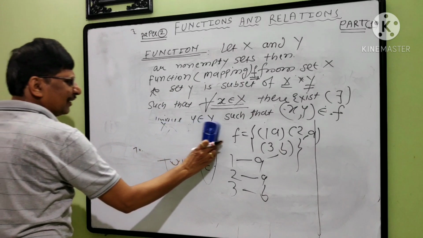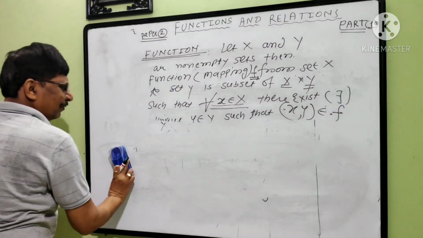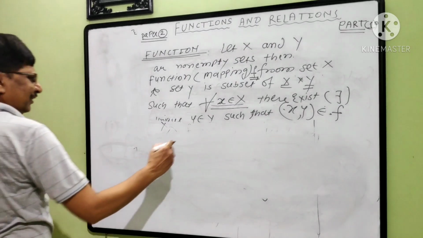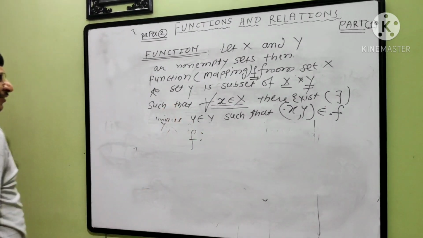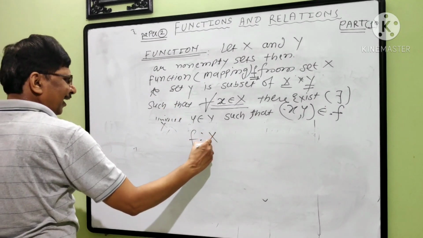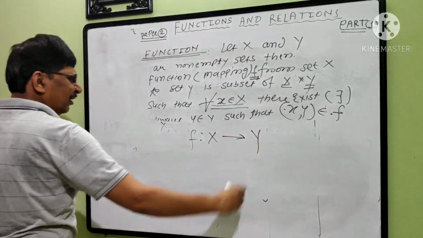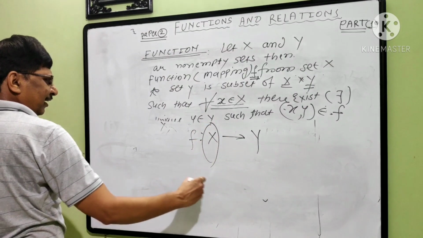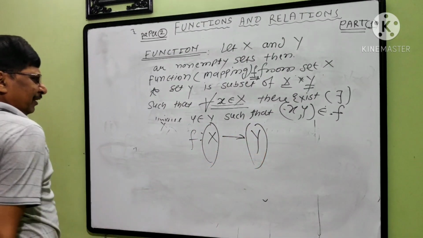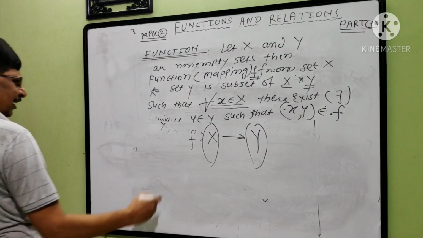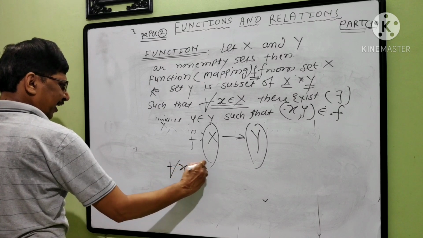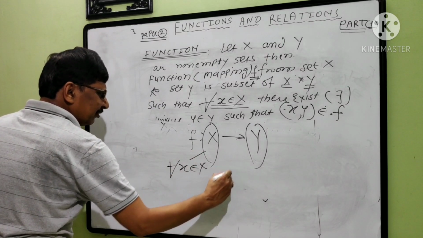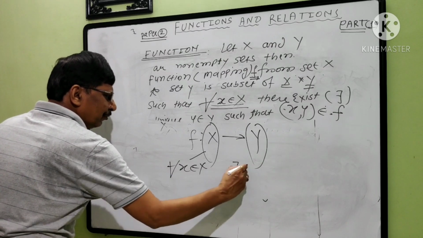Means it is clear that a function is a subset of X cross Y, and it is denoted by like this. But when it is called a mapping or function, each element of this set must be related to a unique element of set Y. In another word, for every x belongs to X, there should exist a unique y.